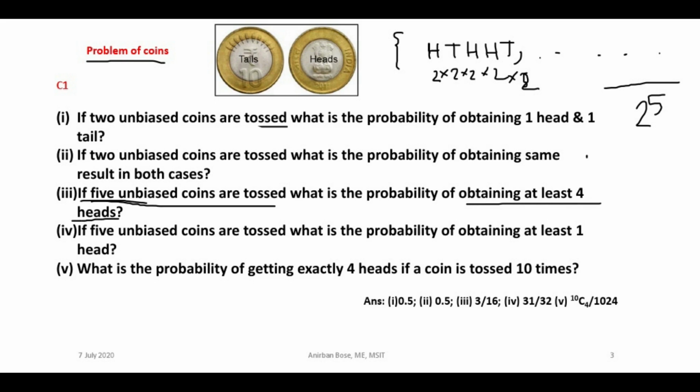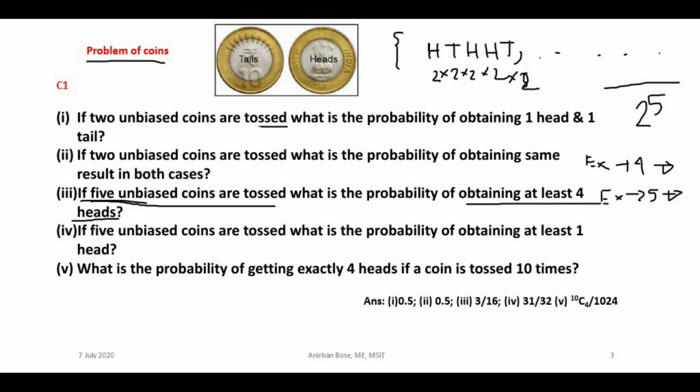At least 4 heads means what? Exactly 4 heads, or exactly 5 heads. If you consider the outcomes favorable to these 2 cases and add them, we will get the case for at least 4 heads.